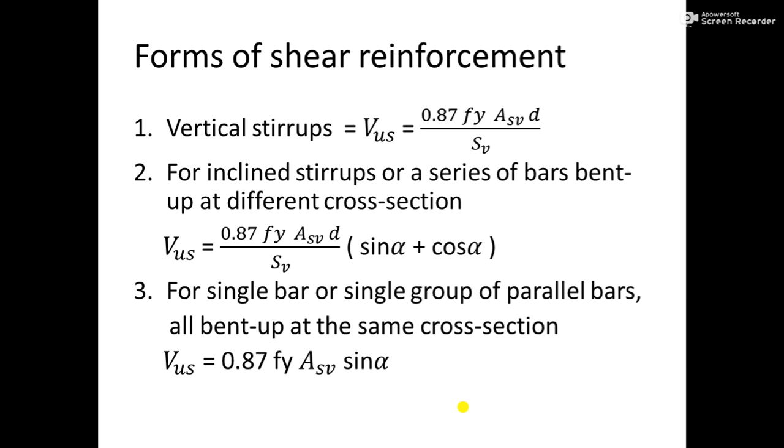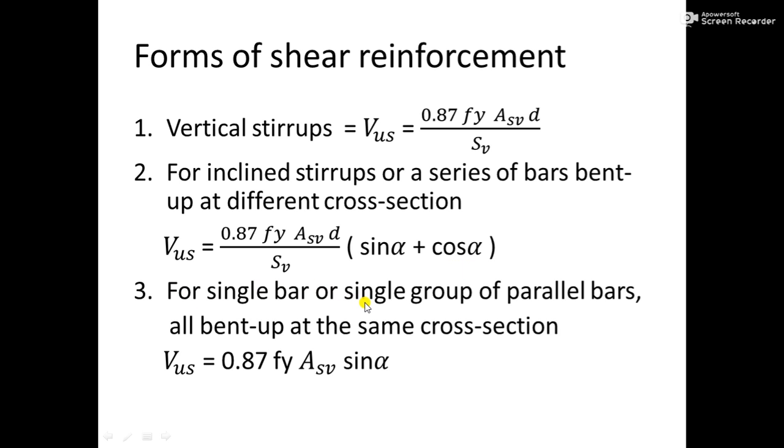Then forms of shear reinforcement. These are the three types: vertical stirrups, inclined stirrups, and bent up bars. For vertical stirrups, you calculate the shear resistance as Vus equals 0.87 fy Asv d upon Sv. For inclined stirrups, it is 0.87 fy Asv d upon Sv into bracket sin alpha plus cos alpha.